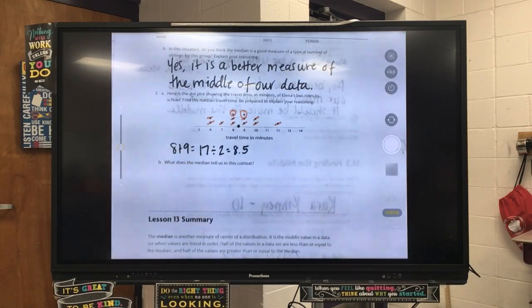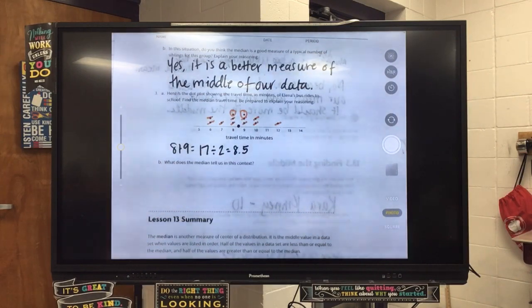So what does the median tell us? We got 8.5. What does that tell us? Addie, what do you think it tells us? It's around more in the middle of benefits. Don't be so contextual. Be a little less contextual. Like, what is that dot plot?